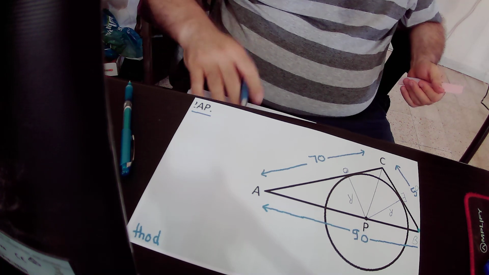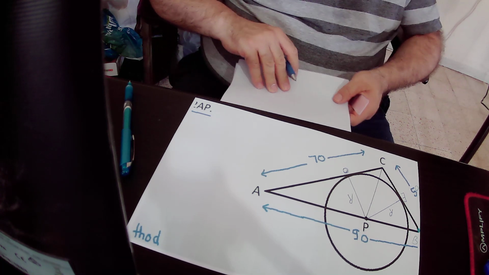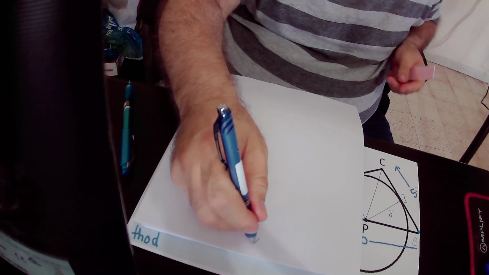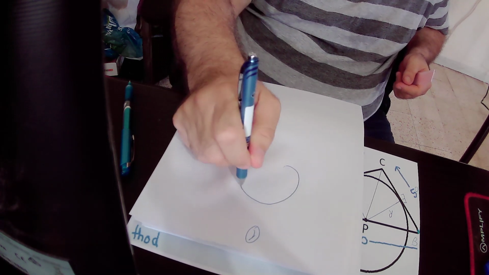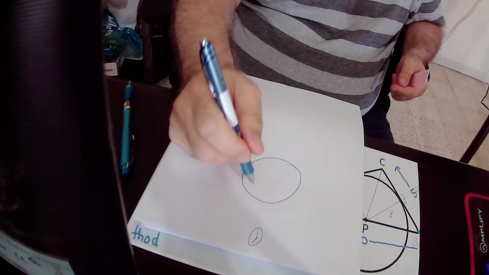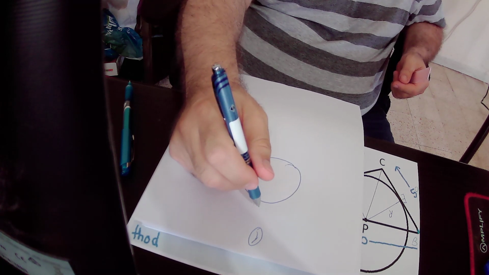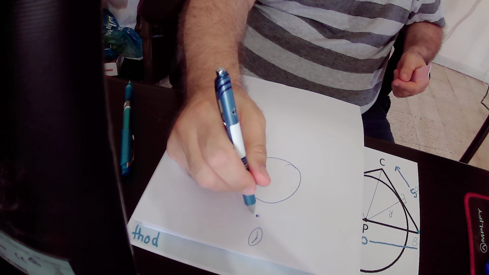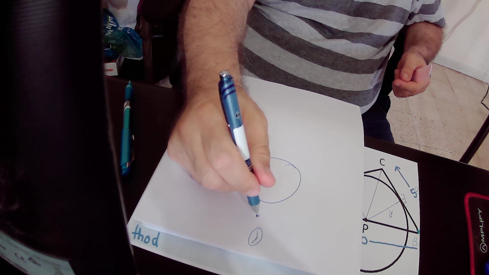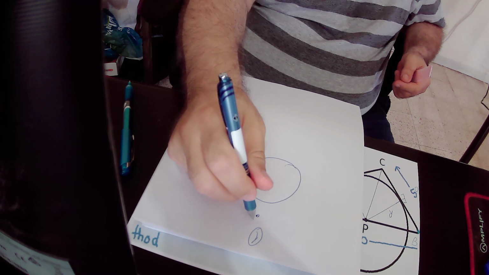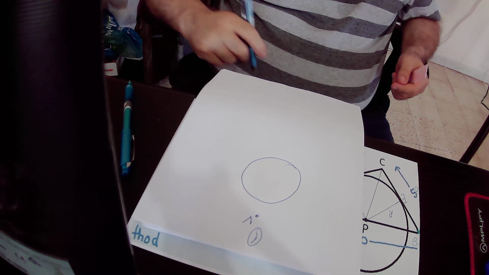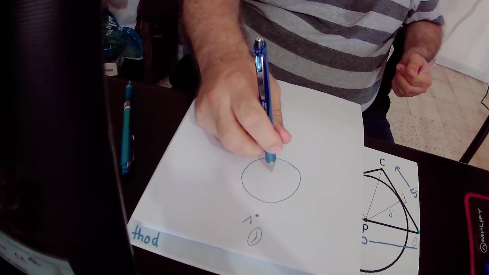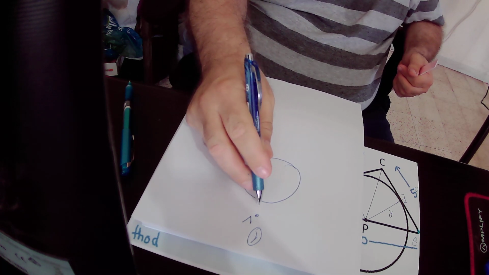And actually we have a rule. If you have a circle and an external point of that circle, let's call that point V. It is an external point of the circle because point V is not inside the circle nor on the circle, but it is outside the circle.